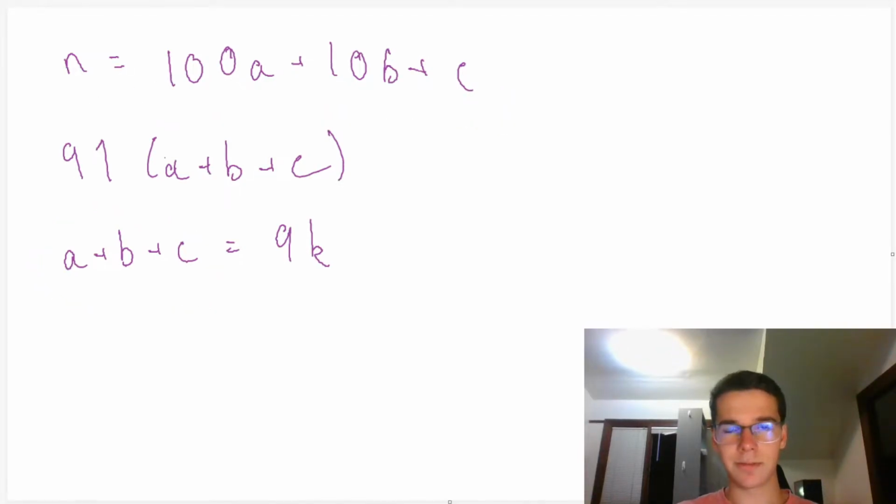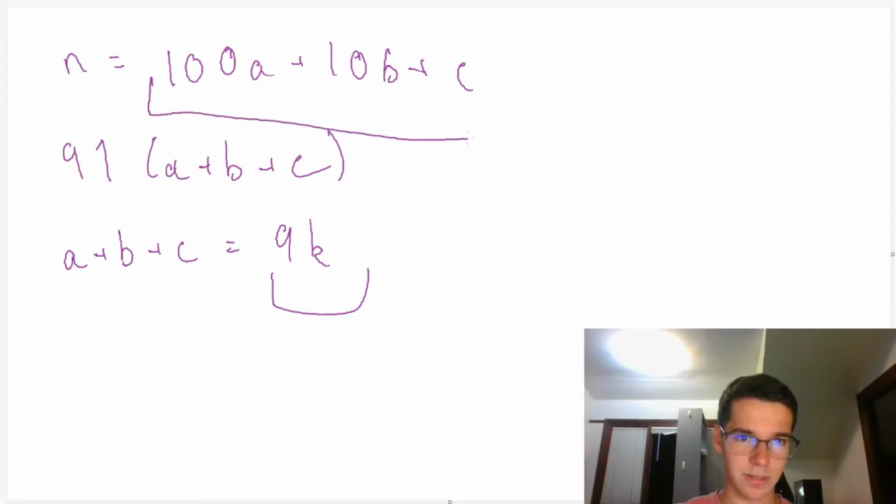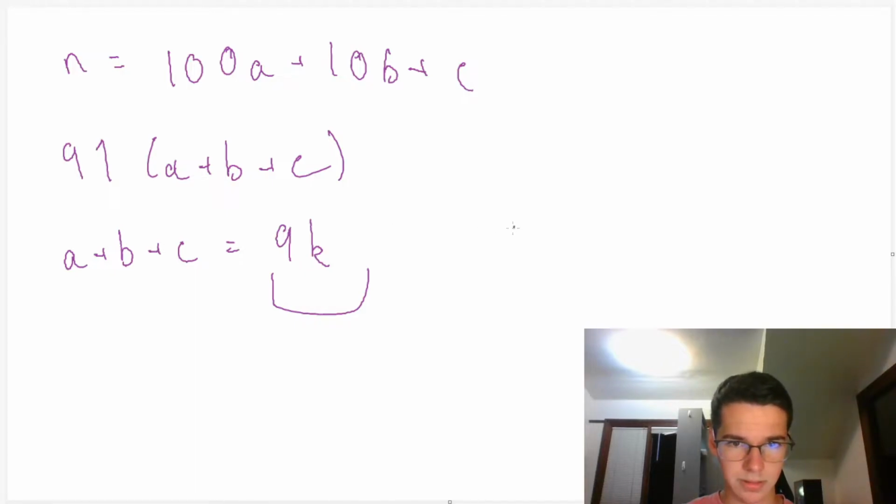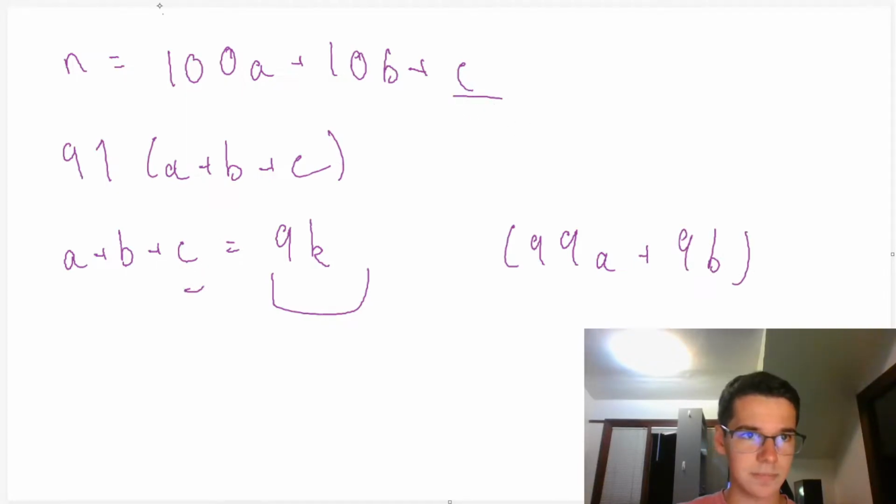And if in doing so, we generate something on this side that is divisible by 9, then we have obviously proven that this is divisible by 9. So we're just going to add what's left in order to reach this. We're going to add 99a and 9b to both sides, right? I'm just going to write that off to the side. 99a and 9b. C is already there.